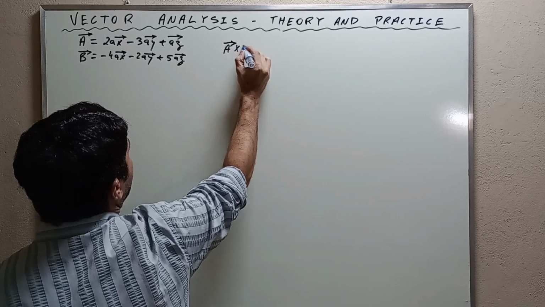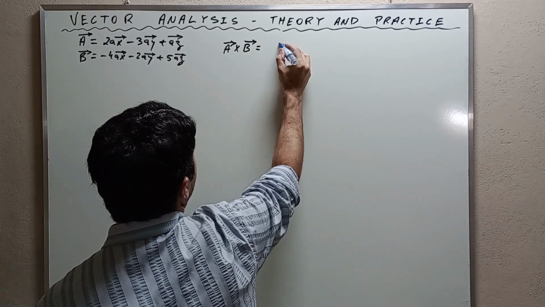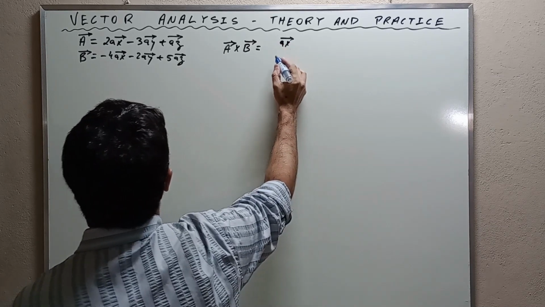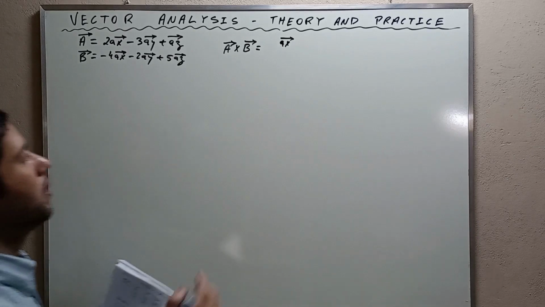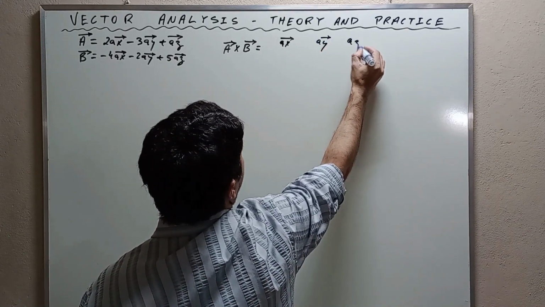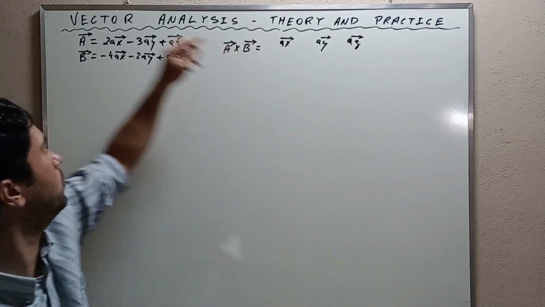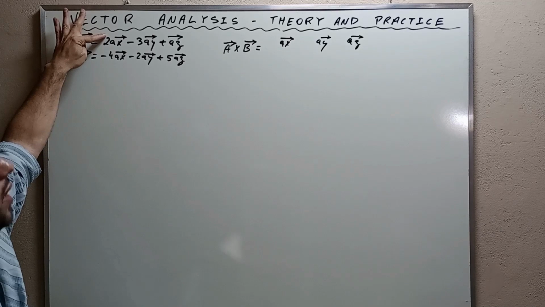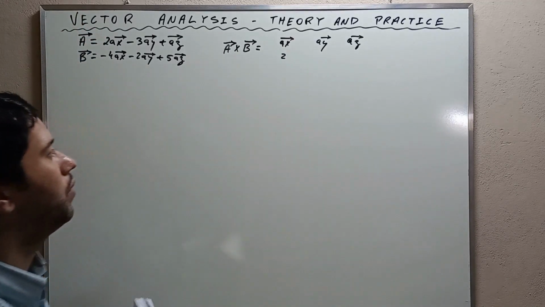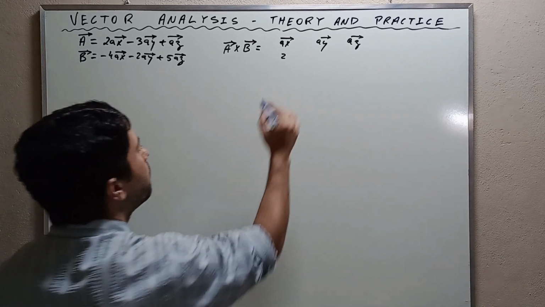A cross B will be equal to A in the x direction, A in the y direction, and A in the z direction. Below here we put AX. AX is 2. And below AX we put BX, and BX is -4.